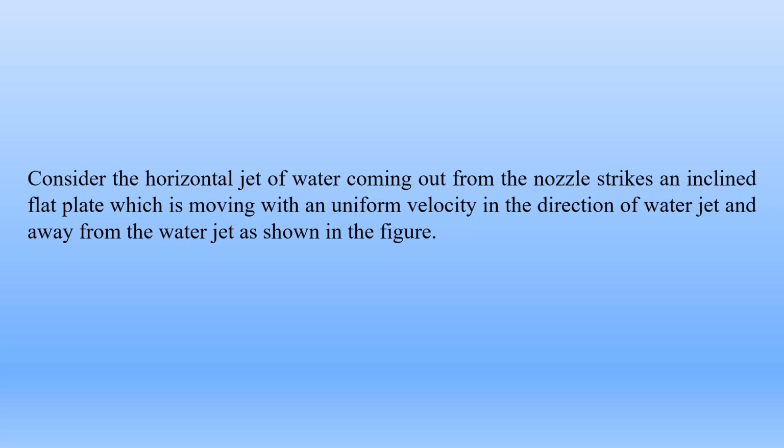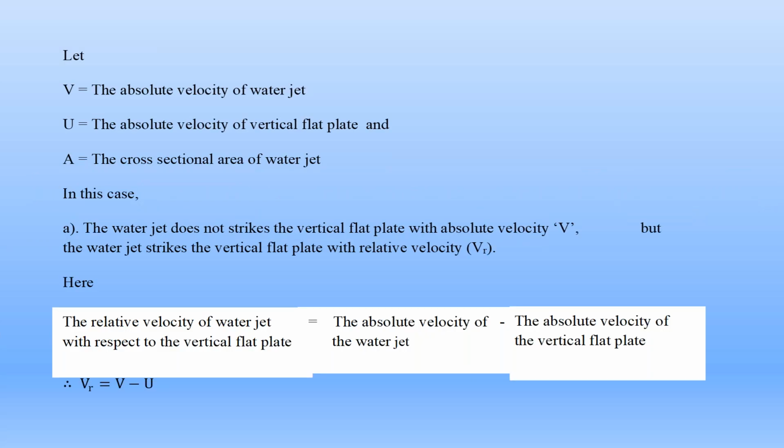So the water jet is moving, the flat plate is also moving, both are in moving condition. So the relative velocity of the water jet with respect to the moving inclined flat plate, VR, is equal to V minus U, because the absolute velocity V, absolute velocity U, and relative velocity VR are all in the same direction. So VR is equal to V minus U.